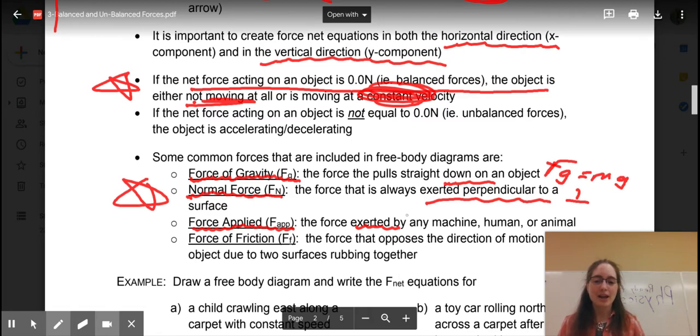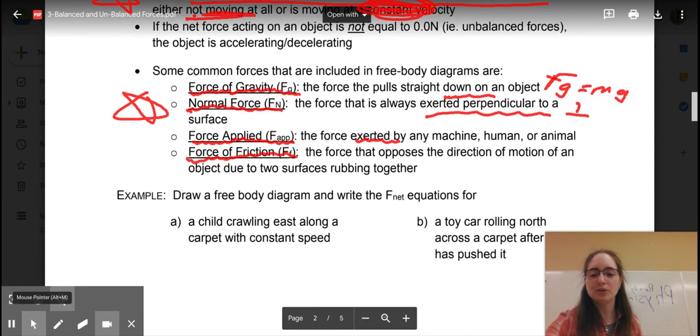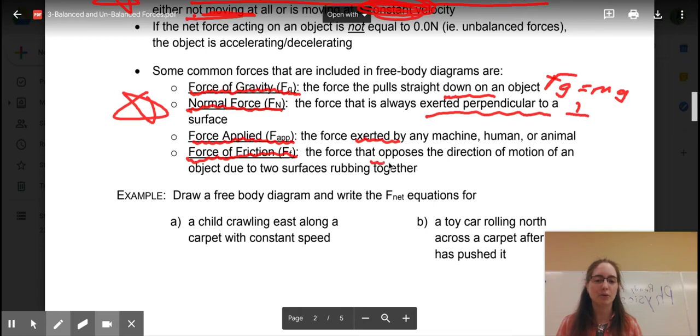And our last one, something we've already talked a fair bit about unofficially, is your force of friction, or your Ff. Now, this guy is constantly opposing motion. Anytime you do any type of movement on planet Earth, you're going to have friction.